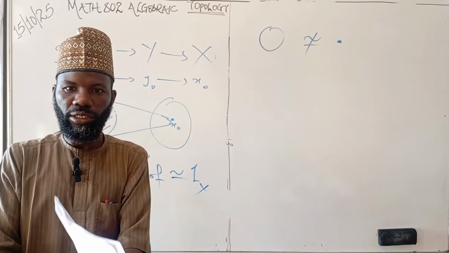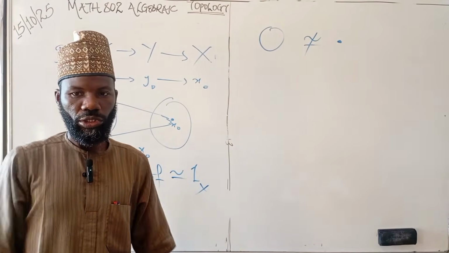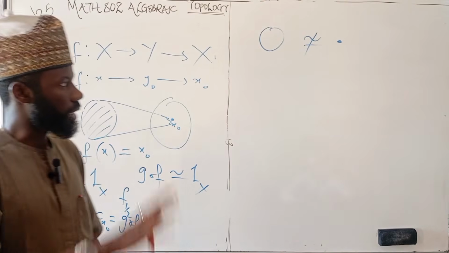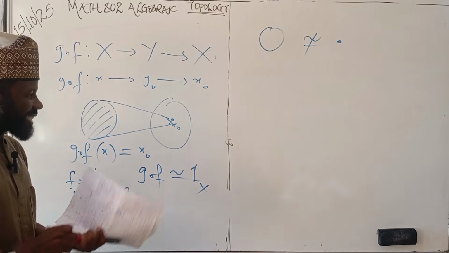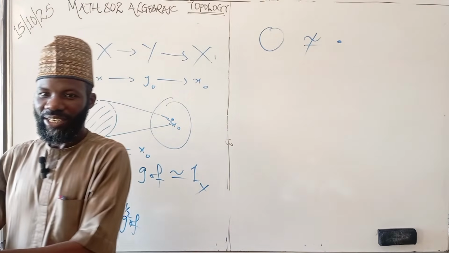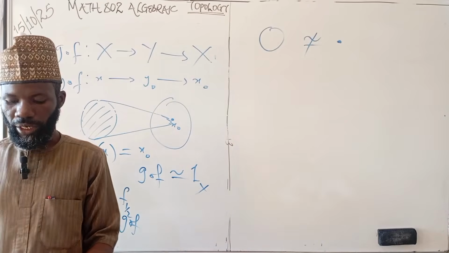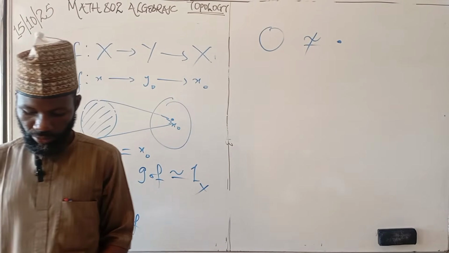But once you break it, it's not a continuous function. So there is no such continuous map that will do it, so we cannot have that homotopy. So you can see that if two spaces are homotopy equivalent, then there is a homotopy that will shrink one space to the other.